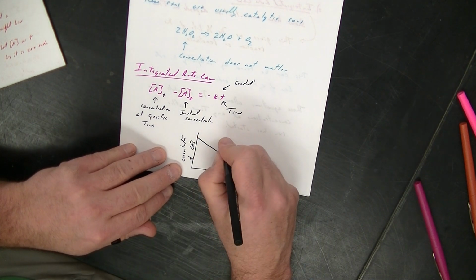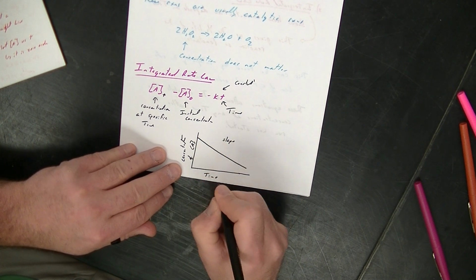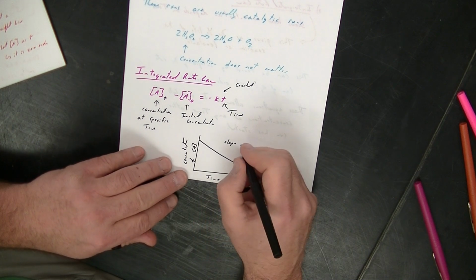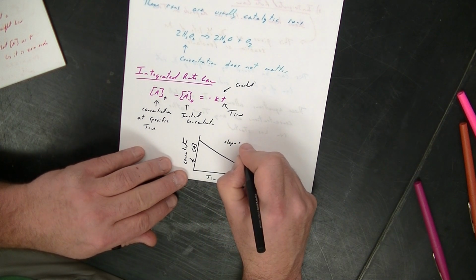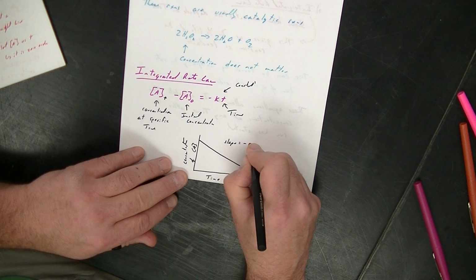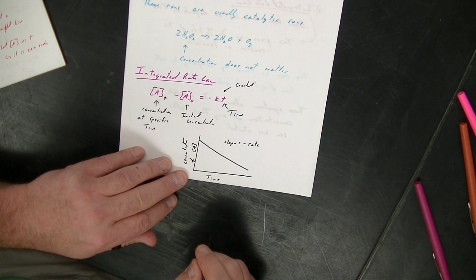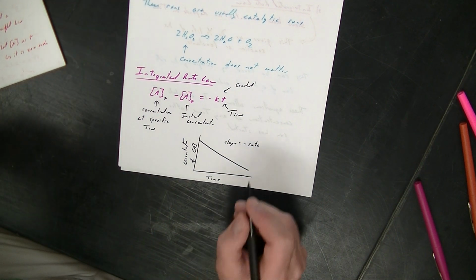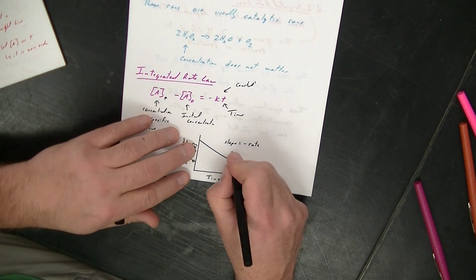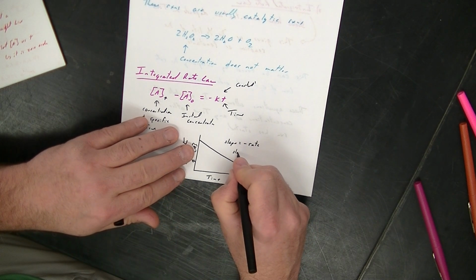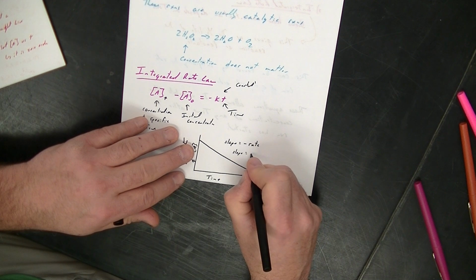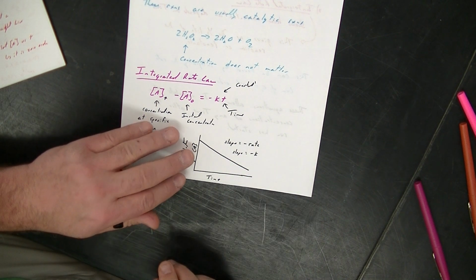Our slope in this integrated rate law for a zero order reaction is equal to the negative of our constant, negative k.